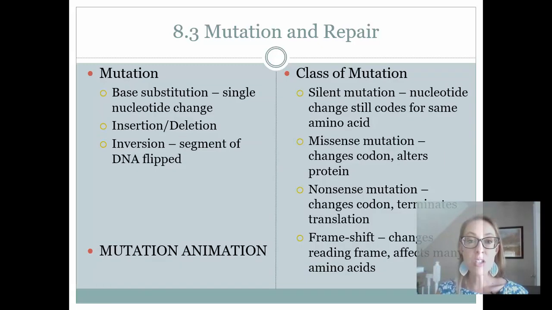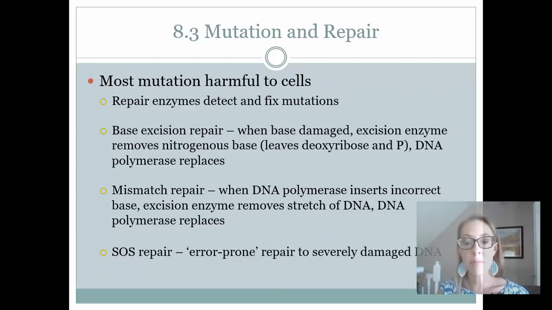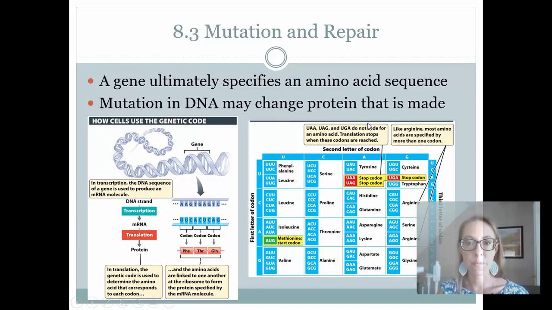A base substitution could also lead to what is called a missense mutation. So here we change that codon and change the amino acid. We ultimately change the protein. Oops, I went the wrong direction.